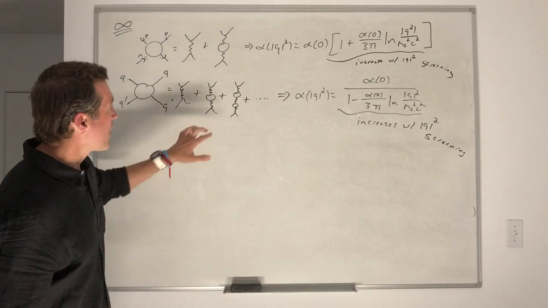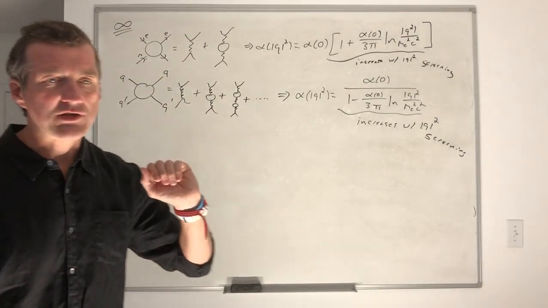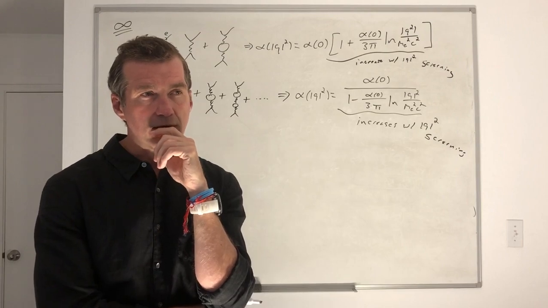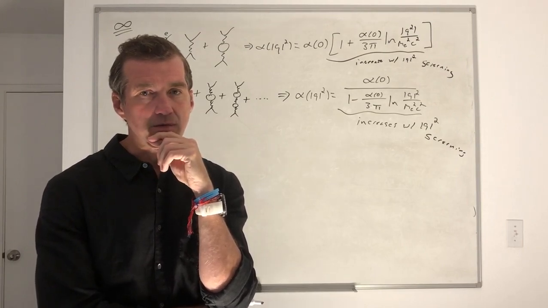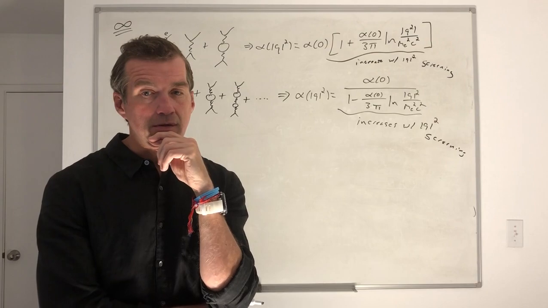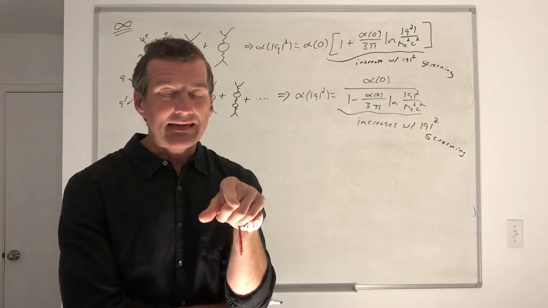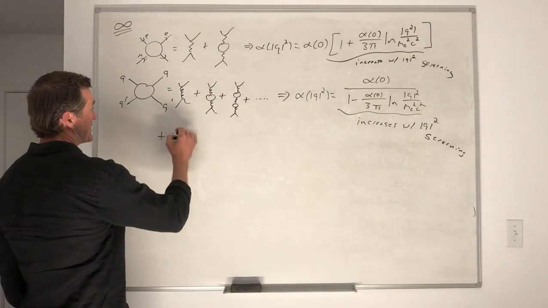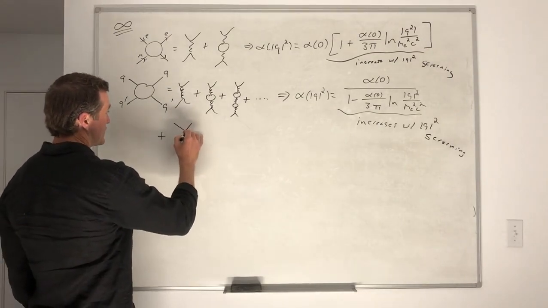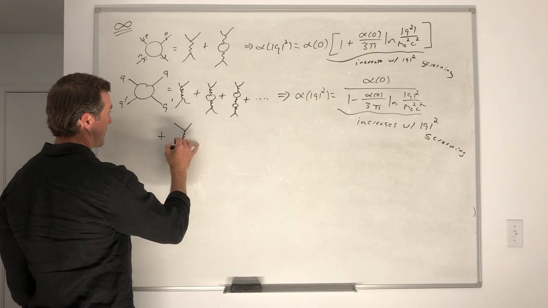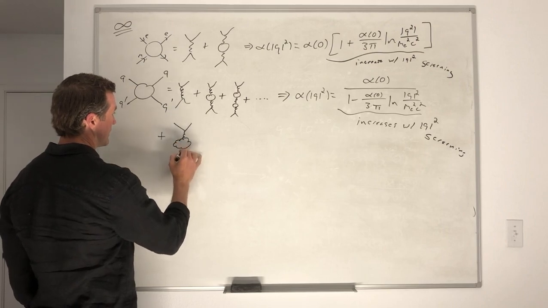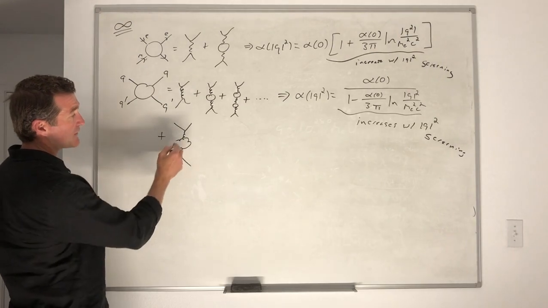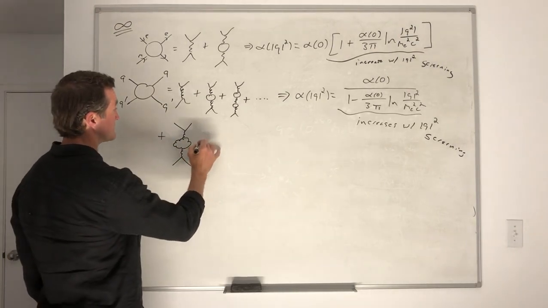However, are there other diagrams that we should include in QCD? Are there other vertices that we can use? 3 gluon and 4 gluon vertices? Yeah, remember QCD has interactions with the gluons. So it turns out that in addition, you can have a fourth order diagram that looks like that with an internal gluon loop.